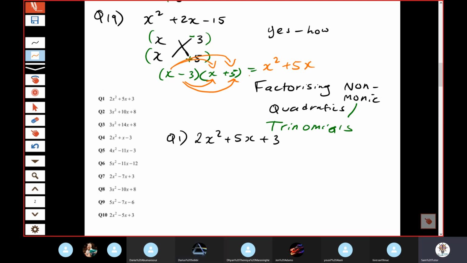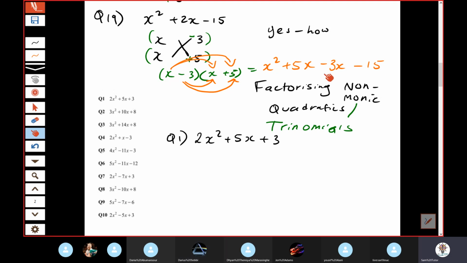Negative 3 times x is negative 3x. And then negative 3 times 5 is negative 15. How many terms do you actually see? 4. Yeah, so they're actually called quadratics because technically there's going to be 4 terms.